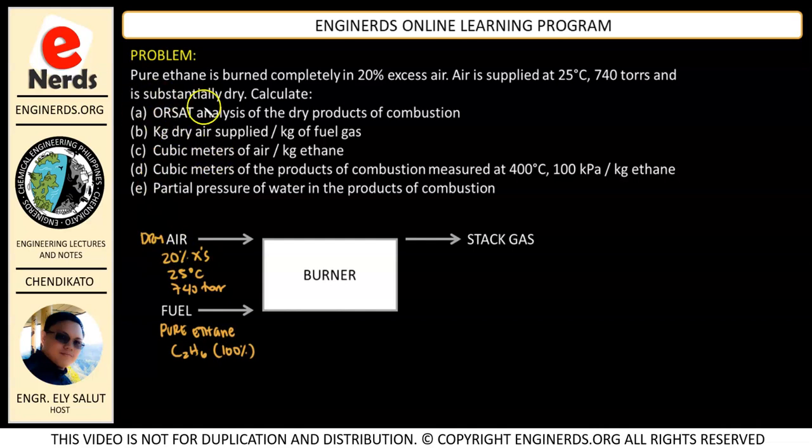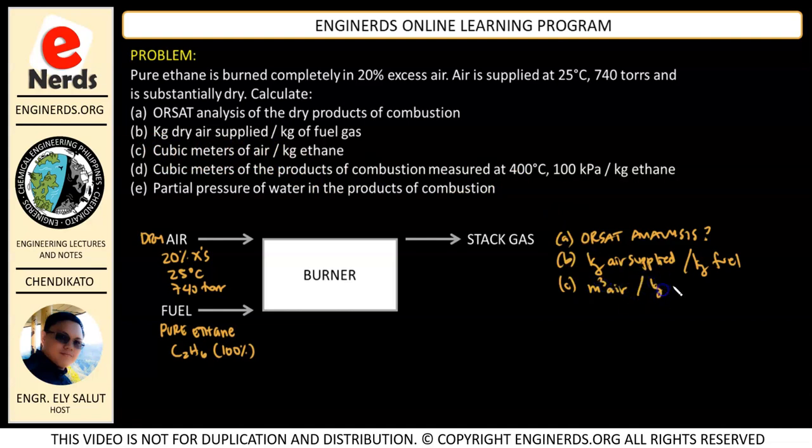Now we need to calculate first the Orsat analysis of the dry product of combustion. And then we need to get the kilogram dry air supplied per kilogram of fuel. And then for C, we need to get the cubic meters of air per kilogram of ethane, which is our fuel.